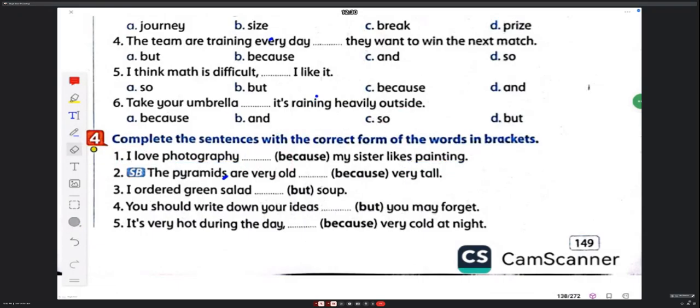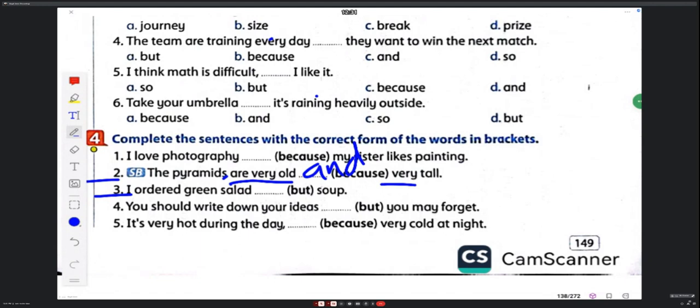Number two, the pyramids are very old, but very tall. Very old and very tall. I ordered green salad and soup.